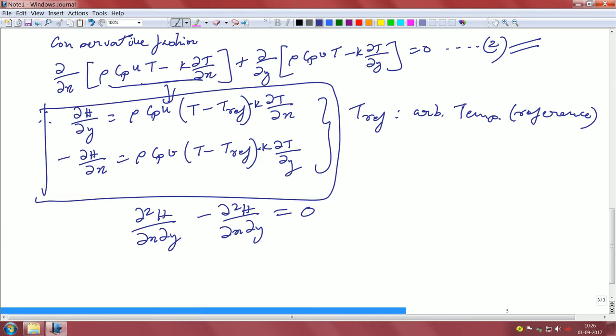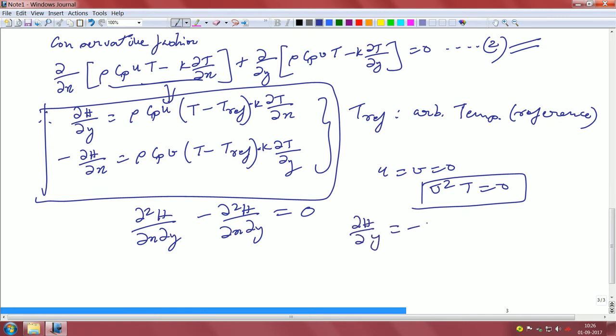Now, if there is no u and v, that means you go to the situation where it is a purely conduction driven problem, and the advection term disappears. So the advection term disappears means you basically get this equal to 0. This is your conduction equation, that you already know. In that case, dH/dy becomes minus k dT/dx, because this part is gone.